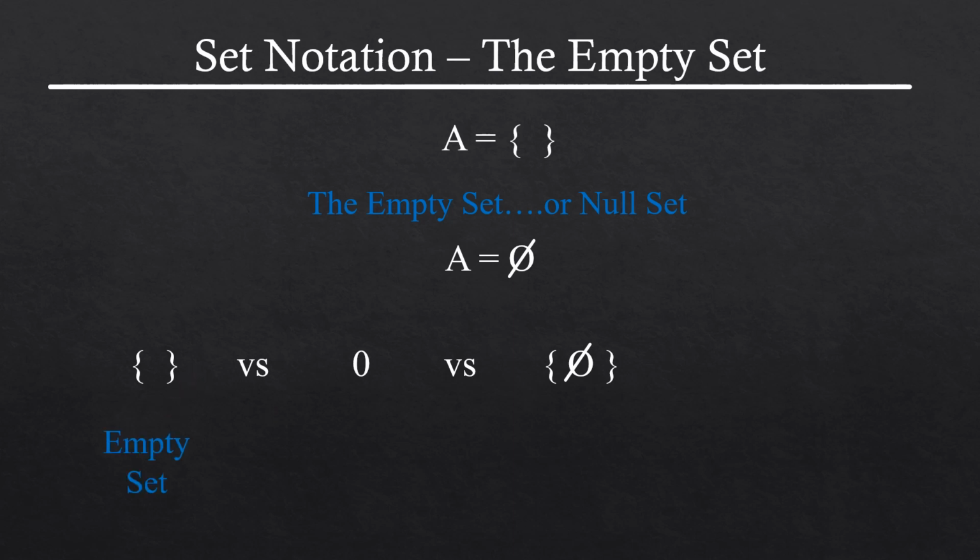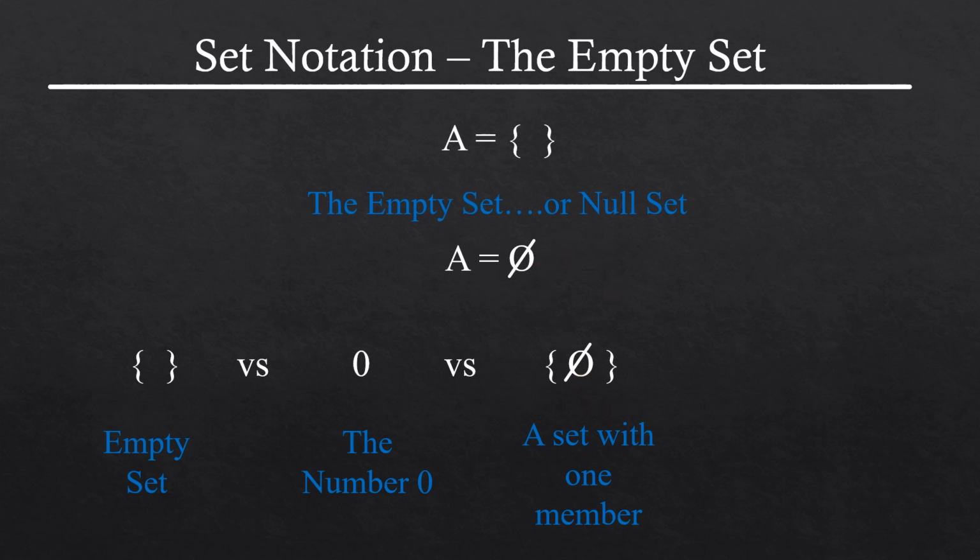The first one is the empty set. This is a set with nothing in it. The second one in the middle is the number 0. That is an actual number. The last one is a set with one member, and that member is the empty set.